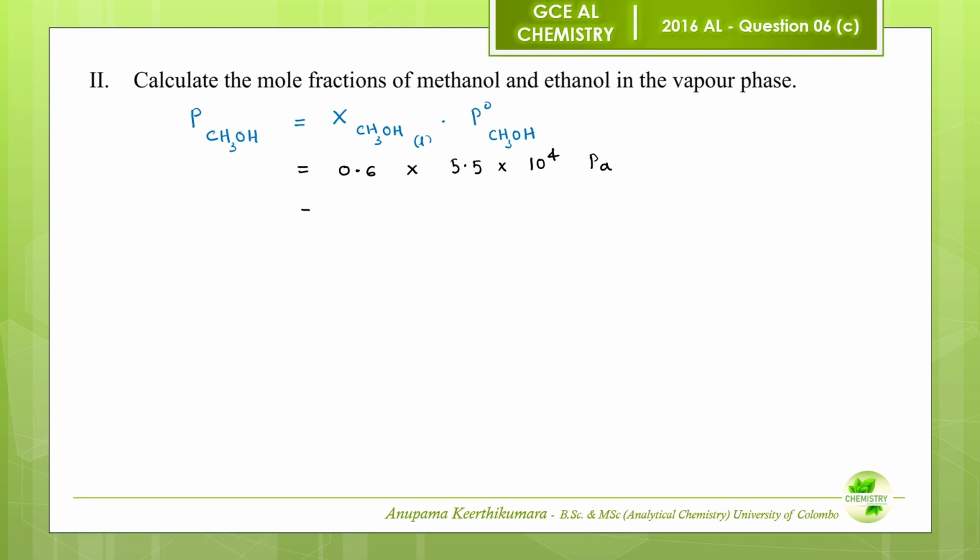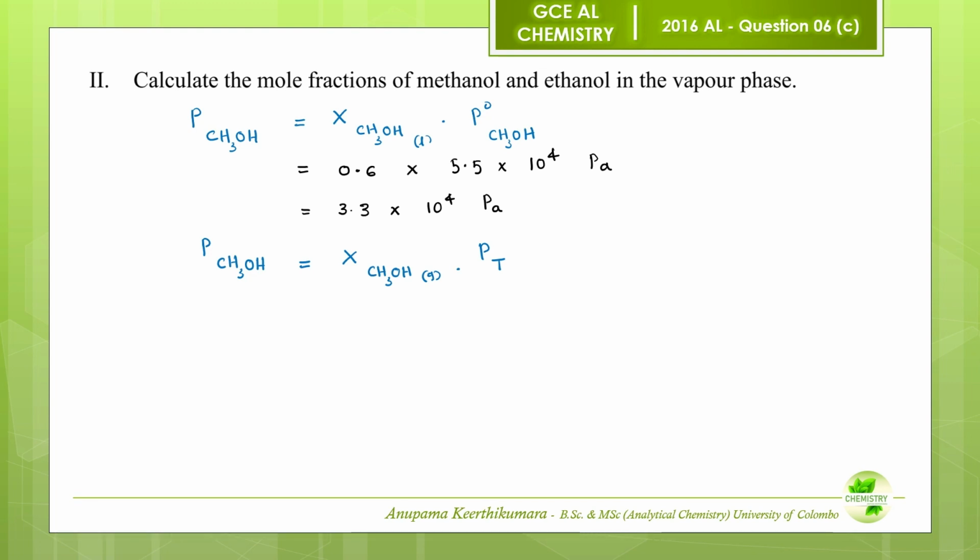The answer is 3.3 times 10 to the power 4 Pascal. Next, we can write the partial pressure of methanol equals the mole fraction of methanol in the gaseous phase times the total pressure. Substitute values.